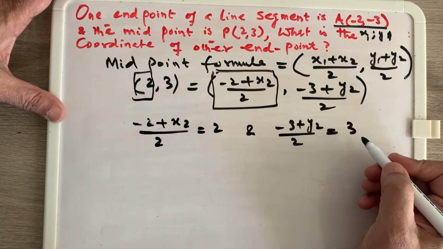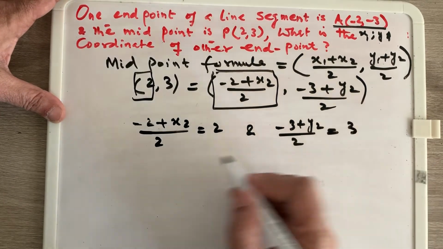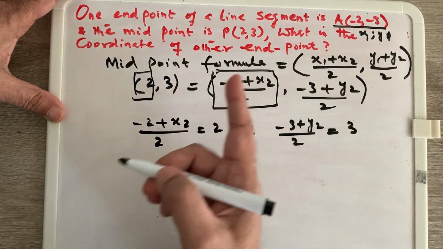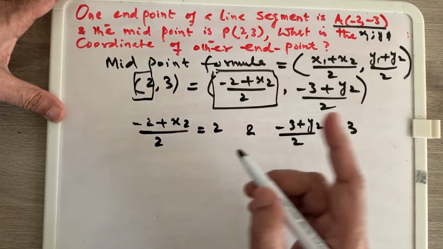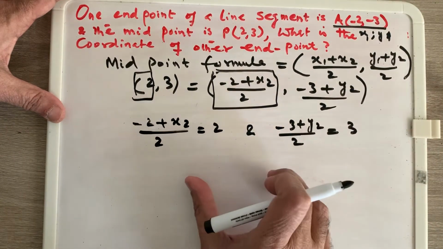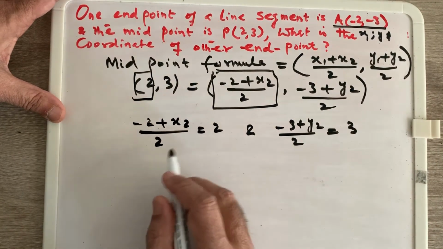I will solve these two equations for x2 and y2, and that will be my answer for the coordinate of the other endpoint. Anything can be given in the exam, like the point coordinates can be changed, but the procedure will remain the same.